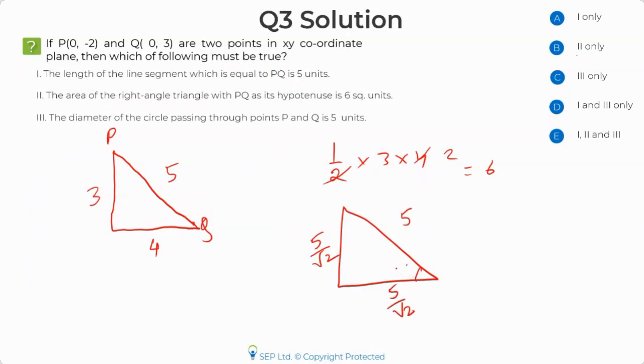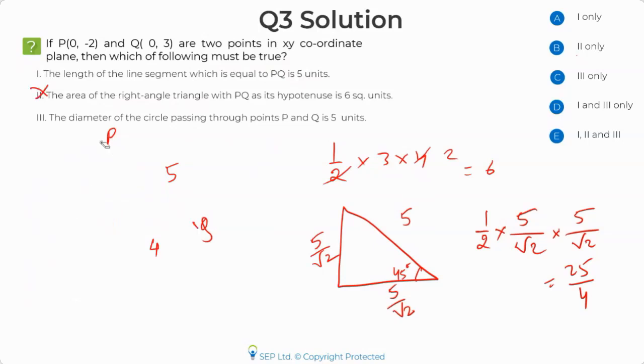I can have multiple other right angle triangles also, because the hypotenuse is 5, I have no idea about the base and the height. In this case, the area of this right angle triangle will be 25 by 4, which is 6.25 square units, slightly different from 6. So statement 2 is not always true.